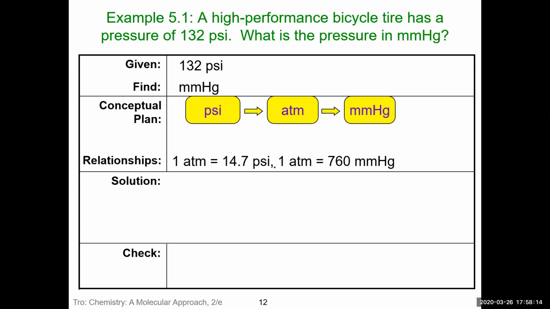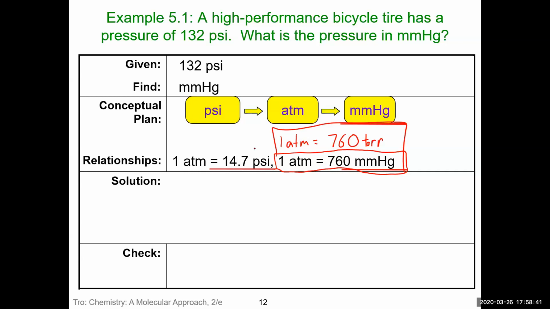The one I probably won't give you is this one, because we use it all the time: 1 atmosphere is 760 millimeters of mercury, or 760 torr. These are pretty much exactly the same, and those are really the only ones we use.